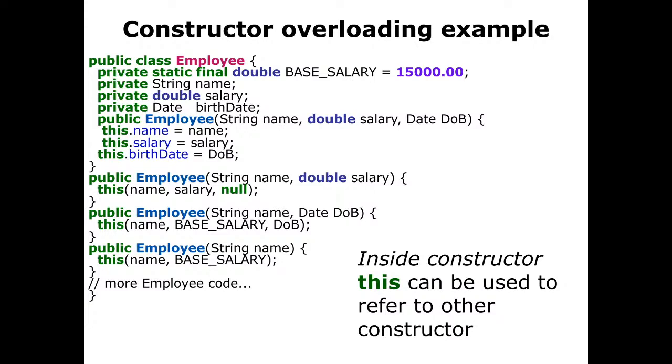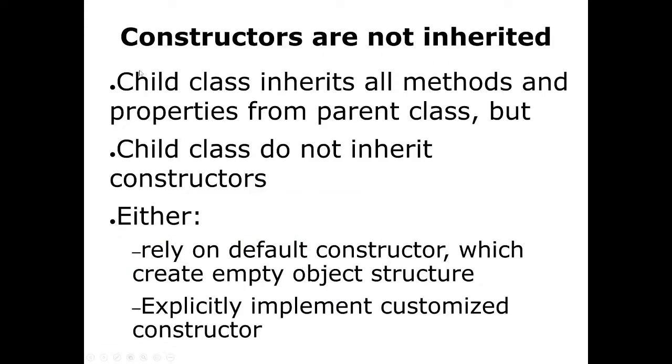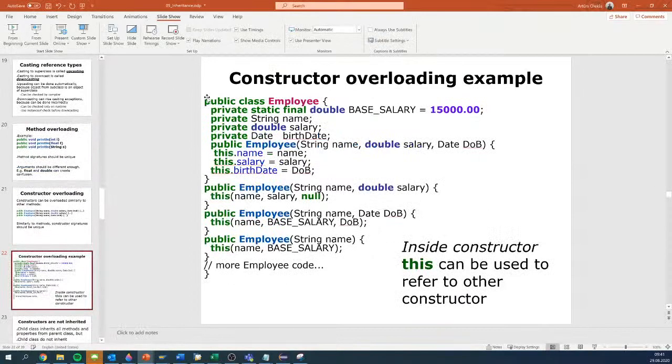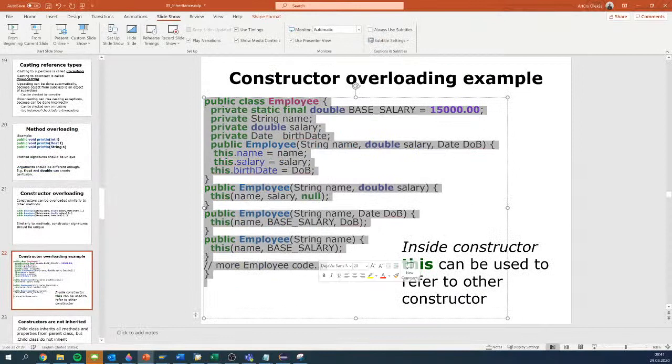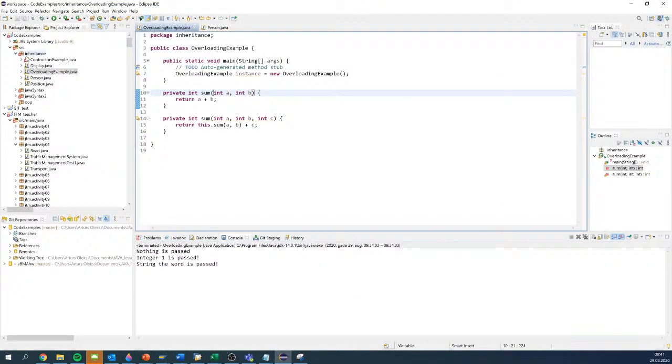If we have fewer or more or any kind of different parameters, then based on these parameters passed to the method, like not the method, to the constructor. Maybe let's show this example here.